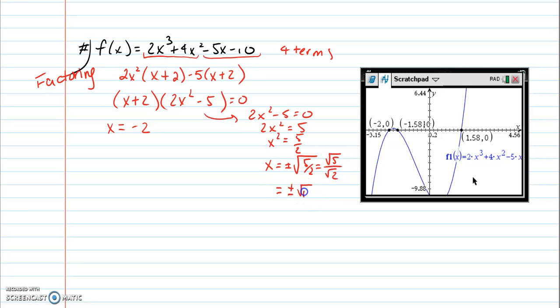So I'll get the square root of 10 all over 2, because I'll be multiplying each by the square root of 2 to get there. So these are my other zeros.